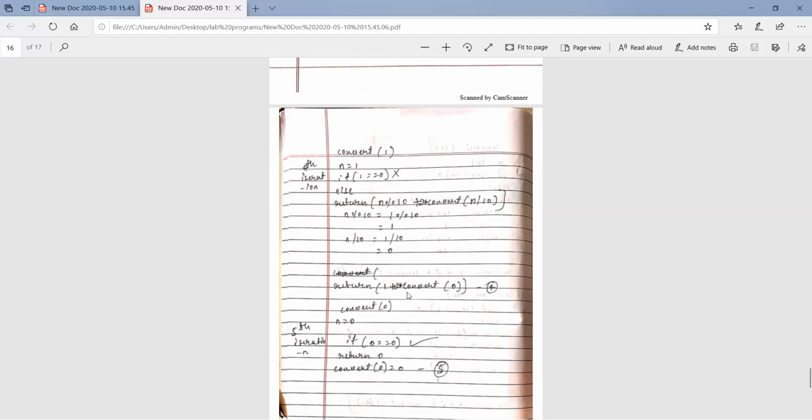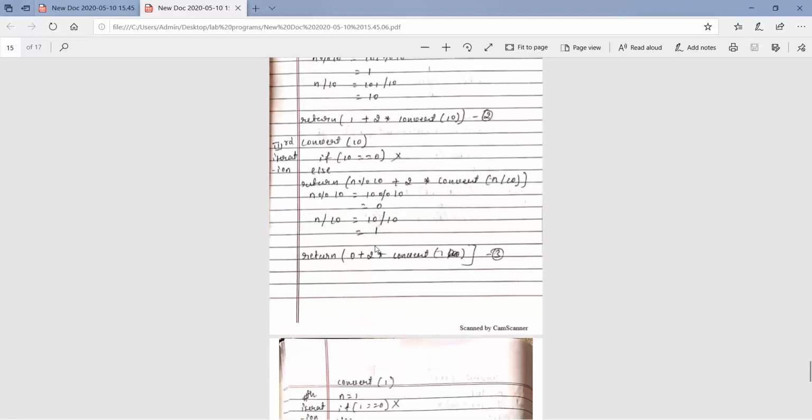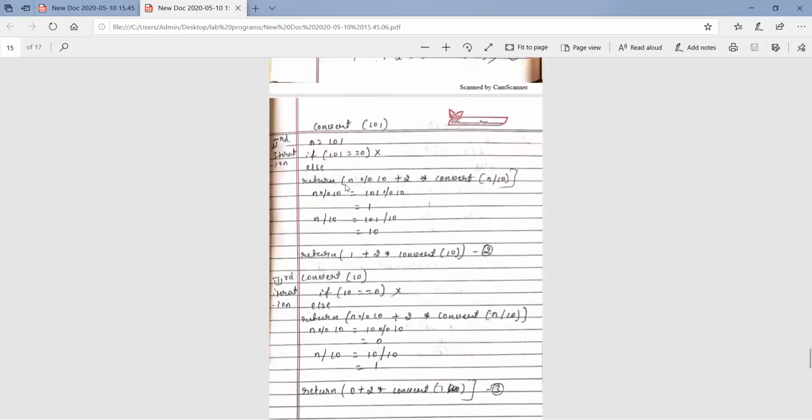Whatever integer value is returned by this convert 1 function is returned back to its calling function. The convert 1 is called by this convert 10, so that 1 is written here. We substitute that value here and find the integer value. That integer value returns back to its calling function, that is, back to the 101, the second result.